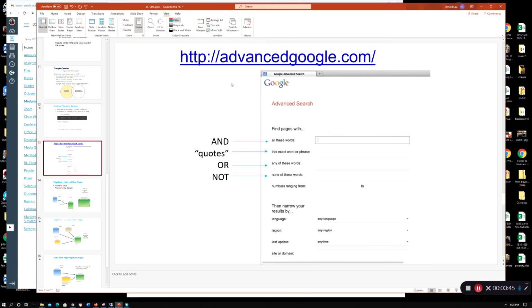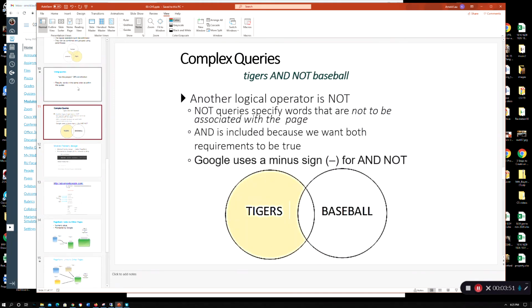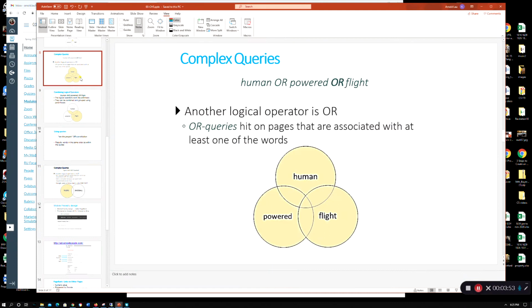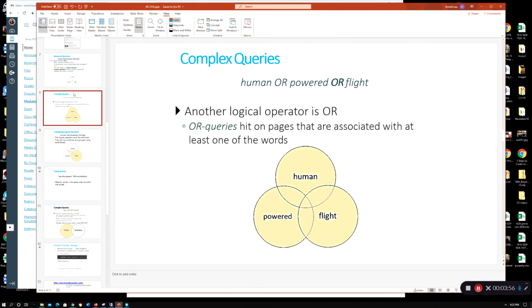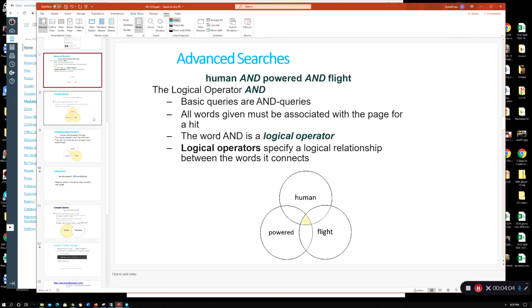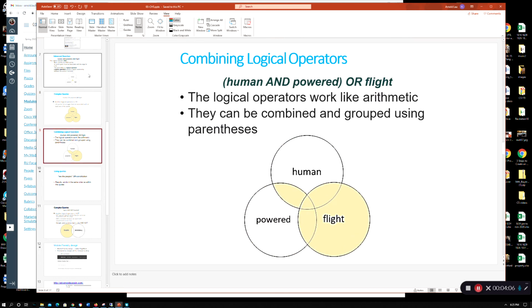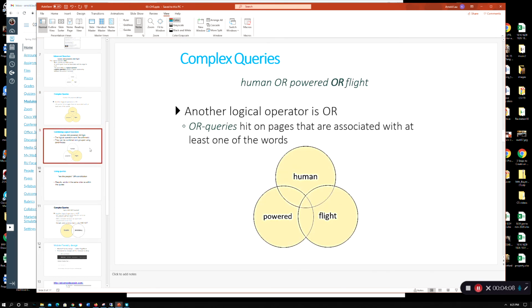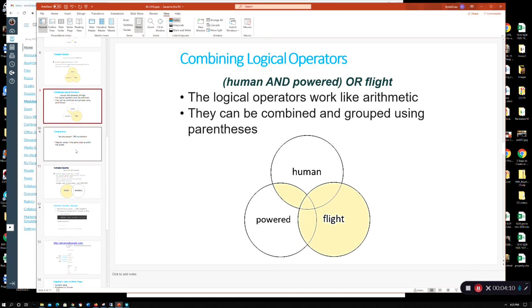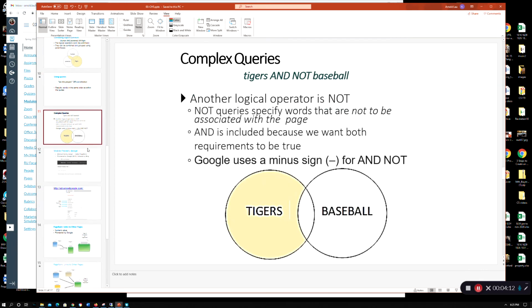In practice, you're probably going to use this if you really have to do a complex search. But for the purpose of the exam, you should know how to do this because you're going to get at least 2 or 3 questions, probably 2 questions related to this. So do try to understand how and, or and not work. Come up with examples on how they match to a Venn diagram, and be ready for that.